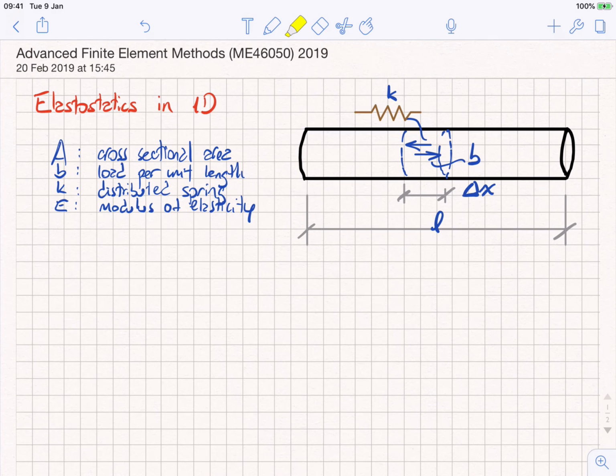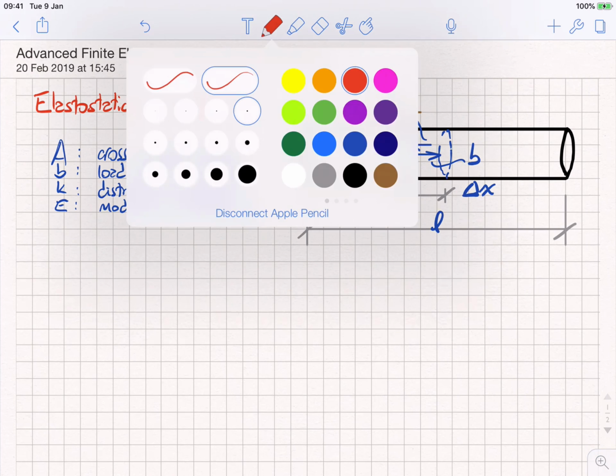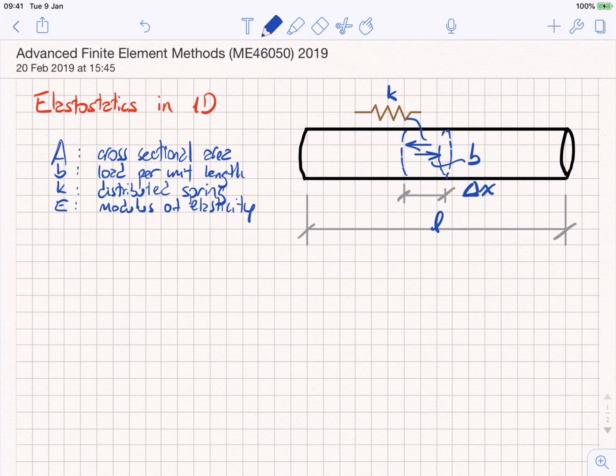So very simple. So if we want to just take one piece of that bar, and we call that delta x, and we want to do the equilibrium of that bar, so I'm missing here a couple of forces. Let's call this guy here N of x plus delta x, and this is going to be N of x. And we just do equilibrium in one direction, in the x direction.